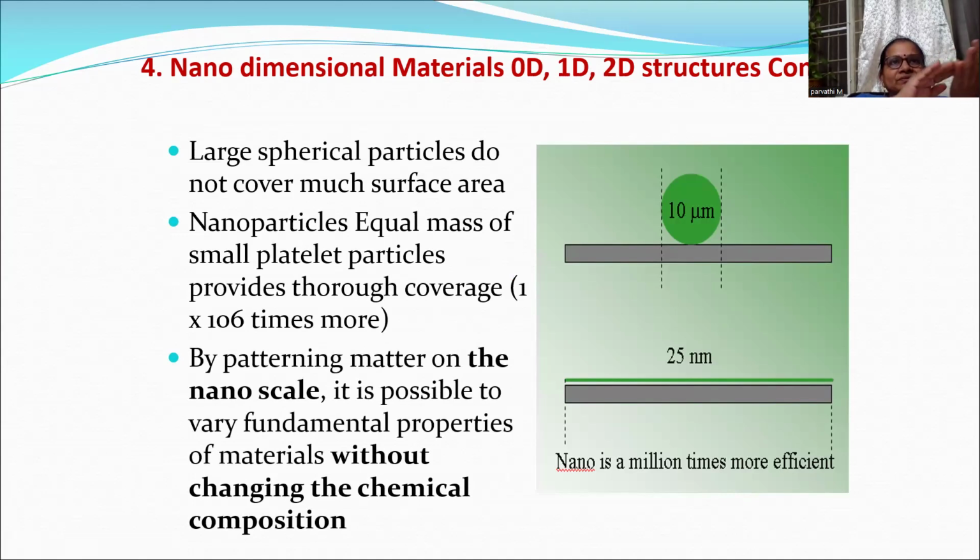Within the given surface area, if the number of particles is very small, the coverage of nanoparticles is more compared to bulk. By patterning matter on the nanoscale, that means when you make the particle very small and make it available as a pattern, it is possible to vary fundamental properties of a material without changing the chemical composition. That is one of the best advantages with nanoparticles.